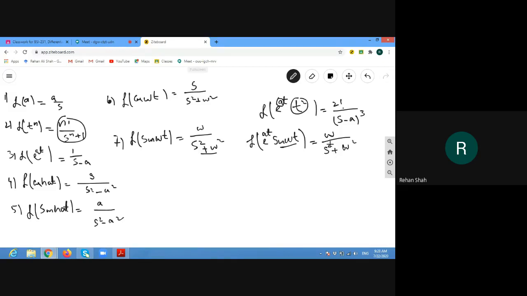So remove this s square. Wherever s square or s comes, write s minus a. So this will be s minus a whole square. Is it clear?